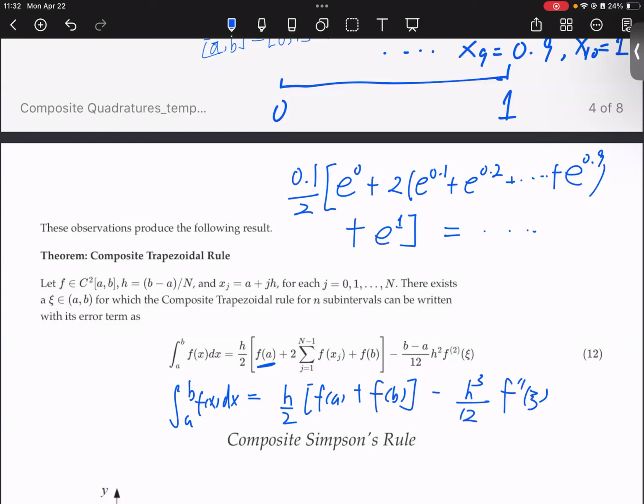But we use the constant here, and this is the constant 1/12.